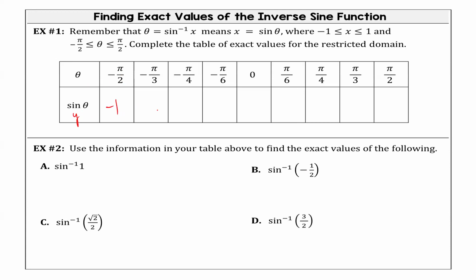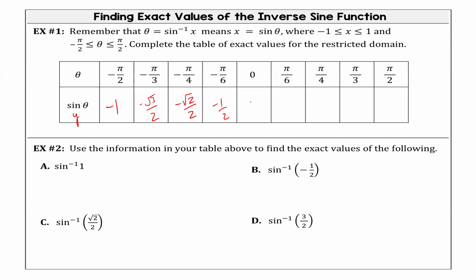It's going to be -1. Just make sure we're good going the other way. At negative pi over 3, what is my sine? At negative pi over 4? At negative pi over 6?